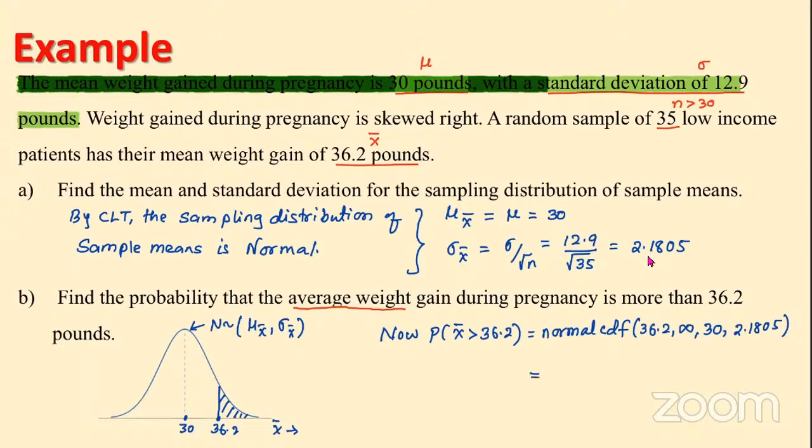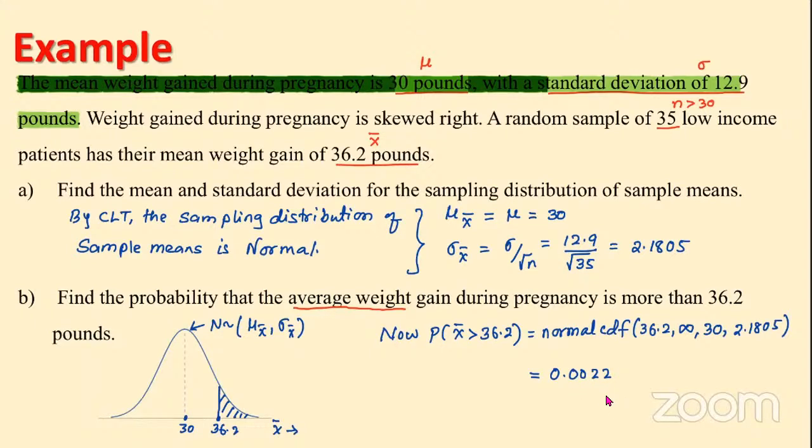If you type that information in your calculator, you should get 0.0022. That means the probability that the average weight gain is more than 36.2 pounds is 0.0022.